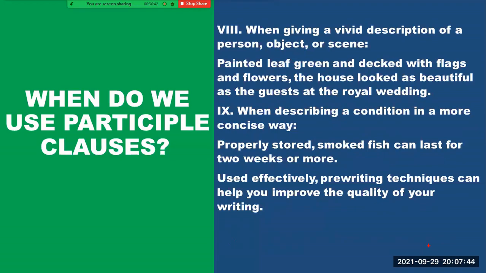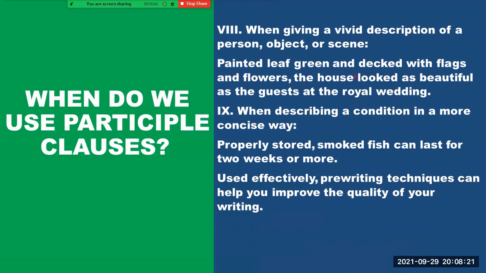So this implies that when we are writing a narrative essay or a piece of imaginative literature, such as a novel or a short story, you know, the use of participle clauses becomes very, very imperative, all right? Becomes necessary.